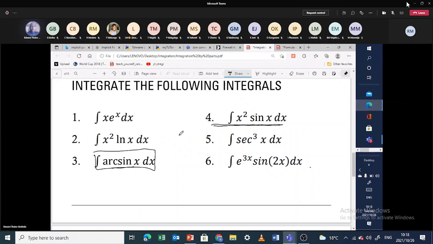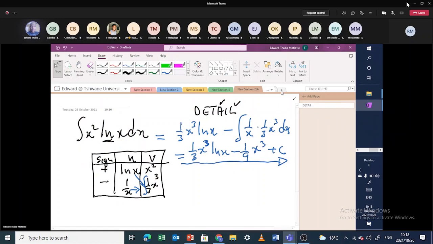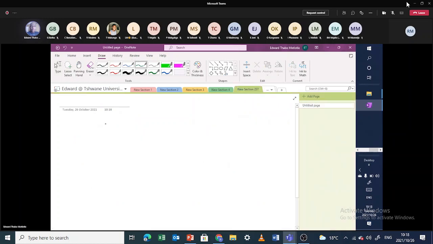Now going back, we did number 2. Number 3 is similar to this one. We just do it in 2 steps. Number 3: we are integrating the integral of arc sine x dx.